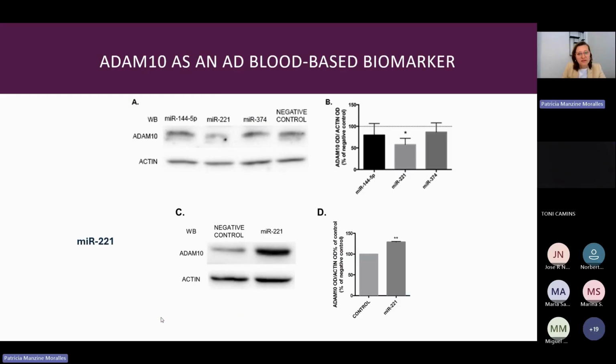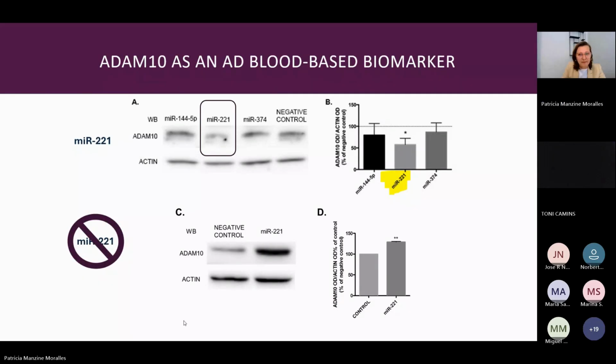We verified in these assays that the mimic microRNA, specifically 221, produced a significant downregulation of ADAM10 levels, while the presence of its inhibitor resulted in significantly increased ADAM10 protein levels.